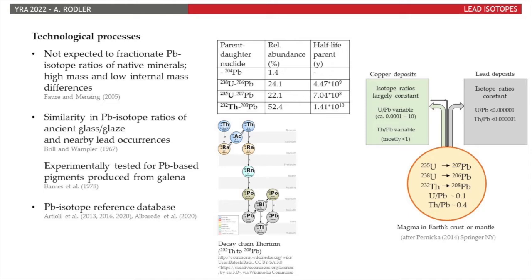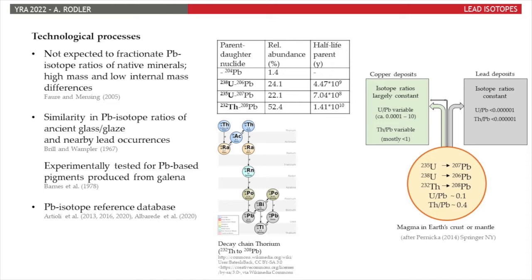And what you can see here in the middle is the decay chain of the lead isotope system. So lead 204 would be the stable one, and then 206, 207, and 208 are products of different decay chains.